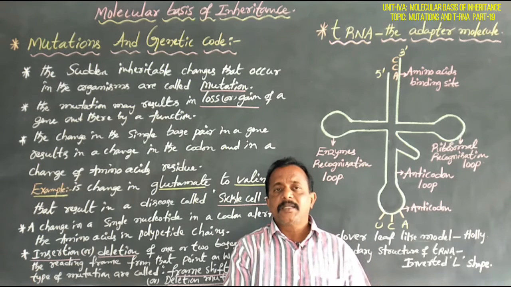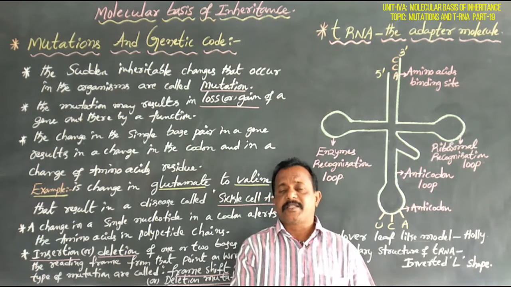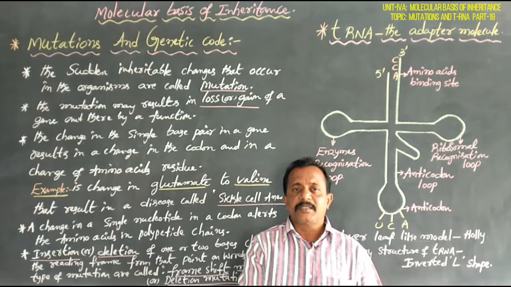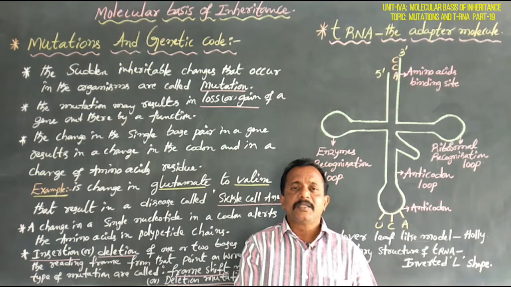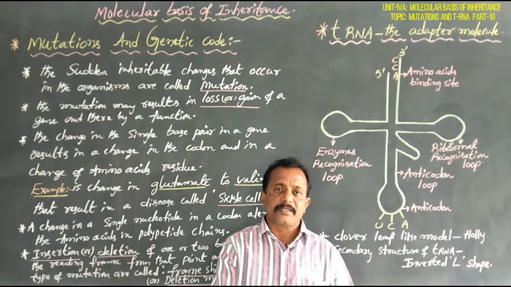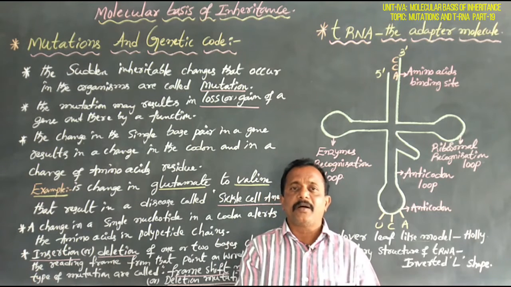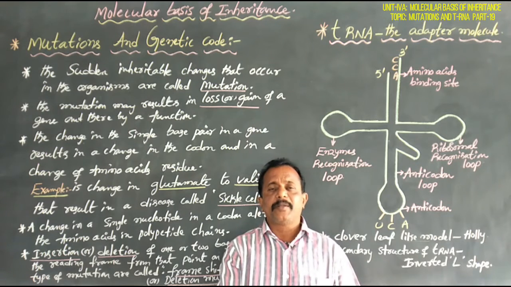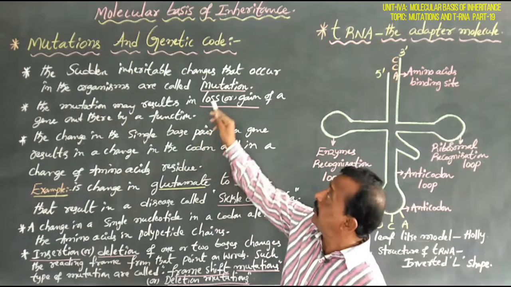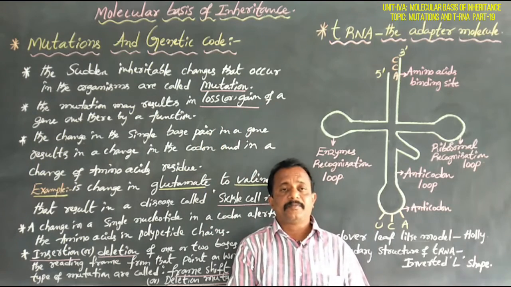These are changes in external phenotypic characters and internal genotypic characters that occur in all living organisms: plants, animals and also human beings.